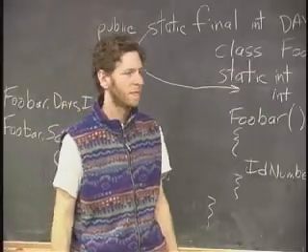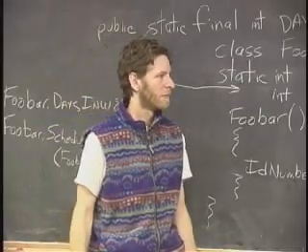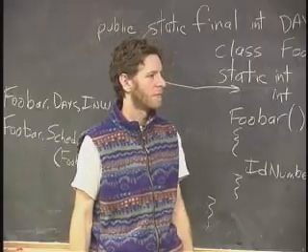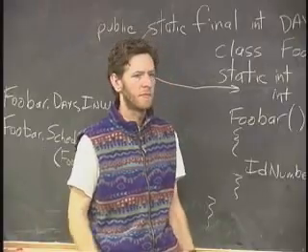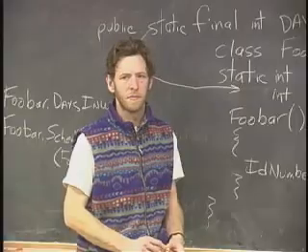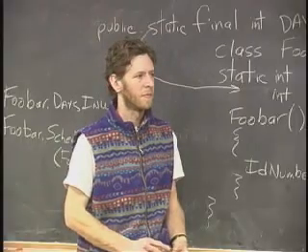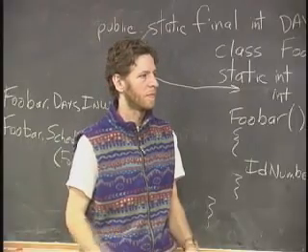It persists even without the creation of particular instances of the object. You don't need a particular instance of the object to have that variable exist. It has its value regardless of how many objects you create or destroy.